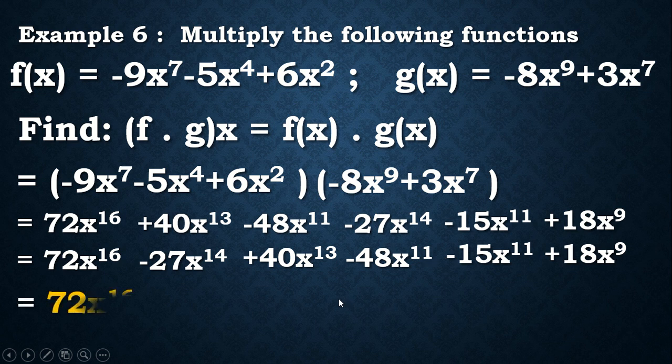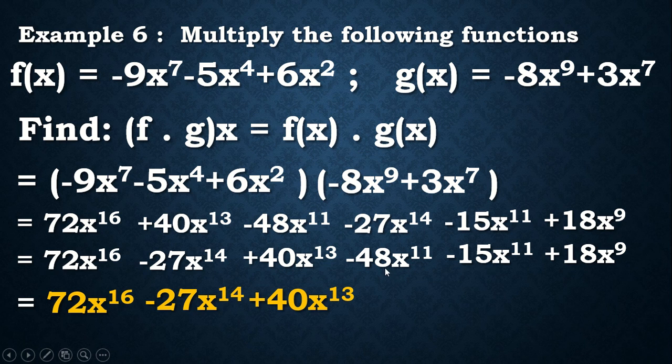And then bring down 72x to the 16, minus 27x raised to 14, plus 40x to the 13. And then this part, we are going to combine them because they are like terms, with the same variable and the same exponent, which is 11.